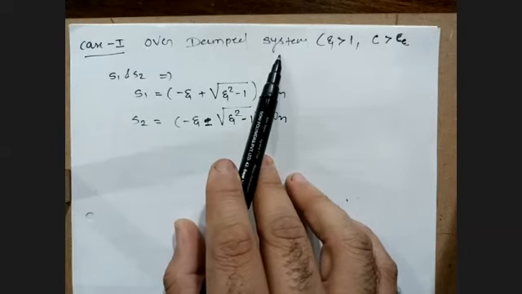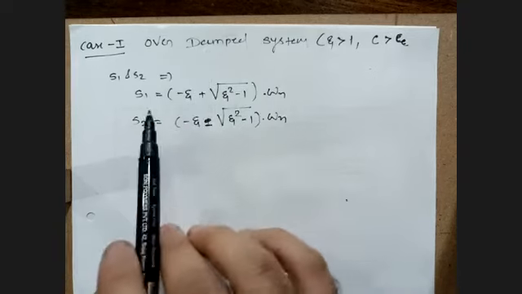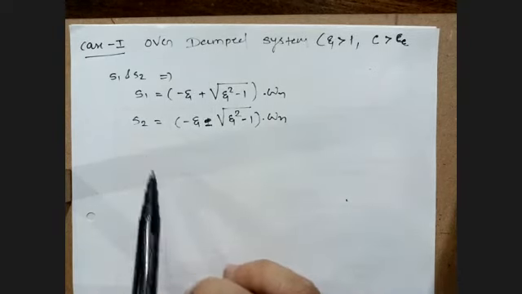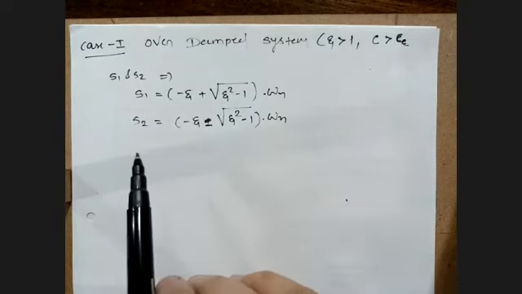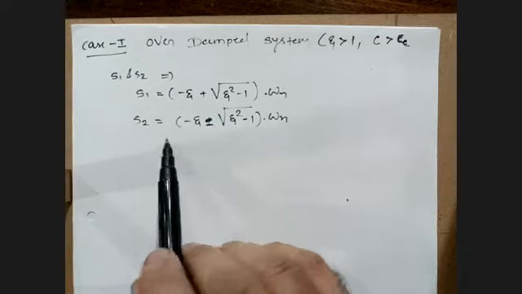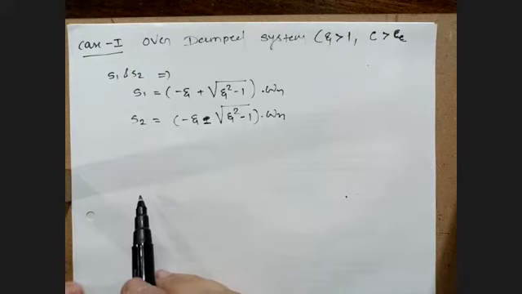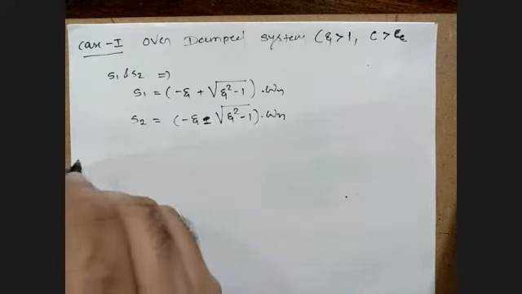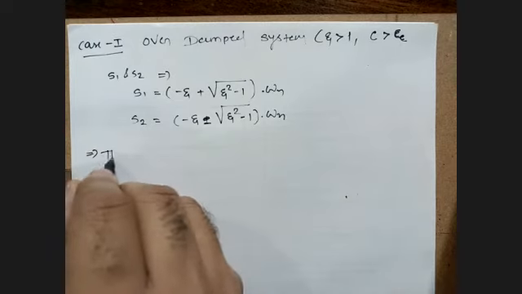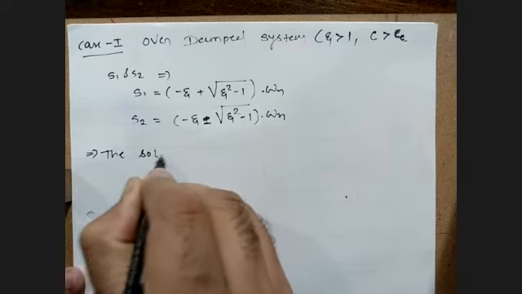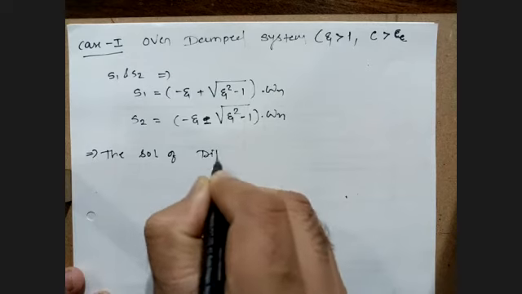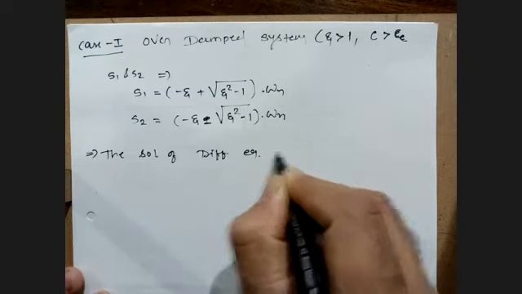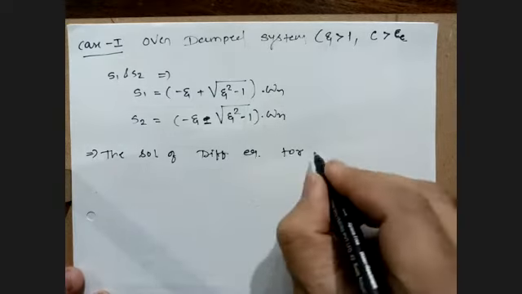So how to find out the values of the roots and how to find the response in case of an overdamped system, that we are going to discuss here. Okay, so in the overdamped system, finally we can write the solution of this differential equation for the overdamped system case.